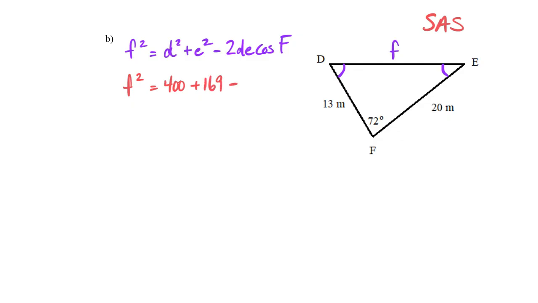And I can calculate what 13 times 20 times 2 is. That's a 520 cos of my angle. That line would be the first line that I would write down if I were you.